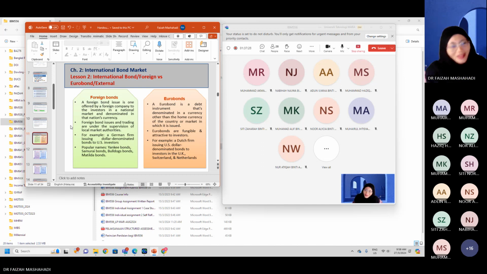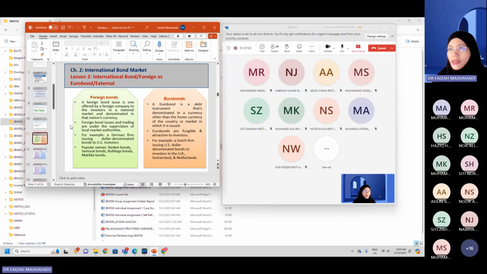Come back to here. And we have samurai bonds. Can you please guess which country with this name? Samurai bonds. Japan. Foreign bond? Yes. Foreign bond issued in Japan. It is known as samurai bond. We have issued a bond papers in the Japanese market.